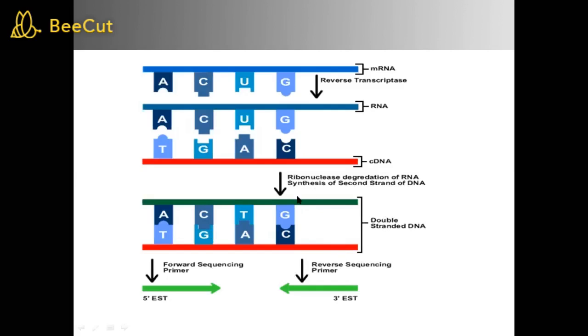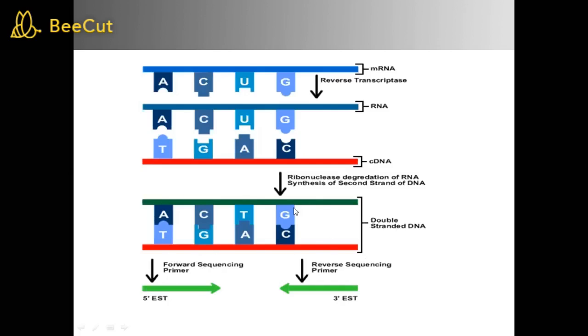Then after getting this cDNA, we sequence the ends of the cDNA molecule. This is the 5' end and this is the 3' end. We sequence starting from either the 5' or 3' end, only 200 to 500 base pairs.